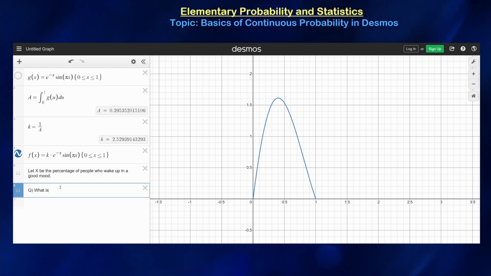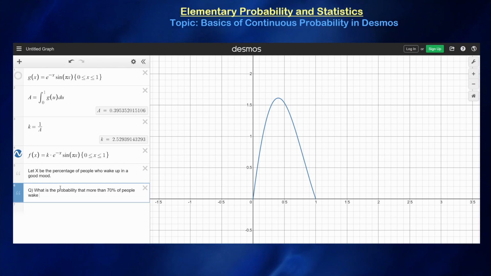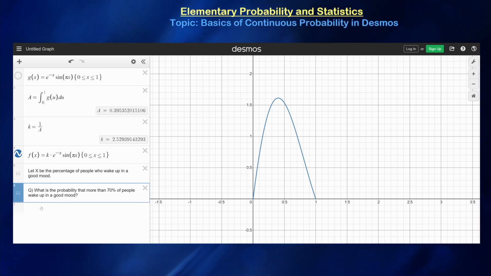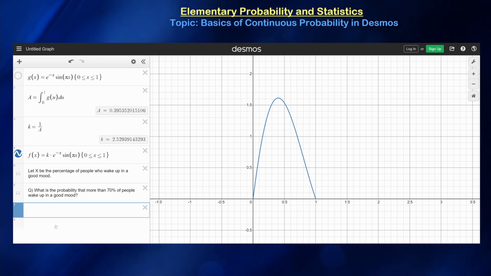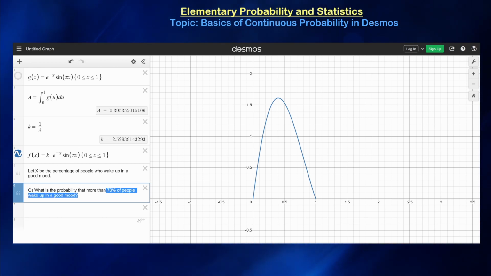So then I can ask a question. For example, what is the probability that more than 70% of people wake up in a good mood? So if this is the scenario that I'm interested in, then since my random variable is the percentage of people that wake up in a good mood, I just need to integrate my PDF from 70% to the upper bound, which is 100%.